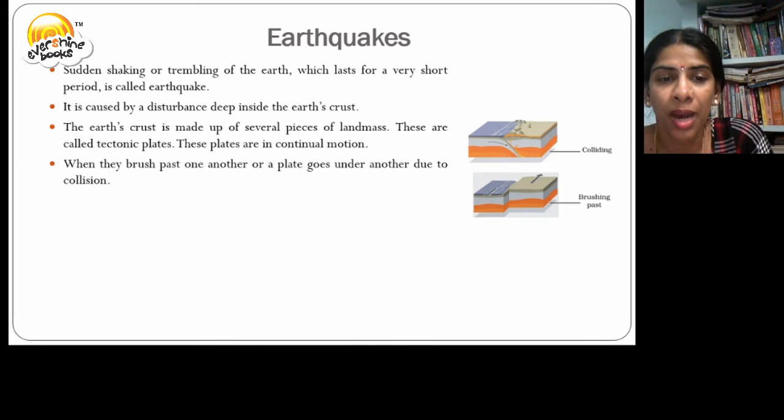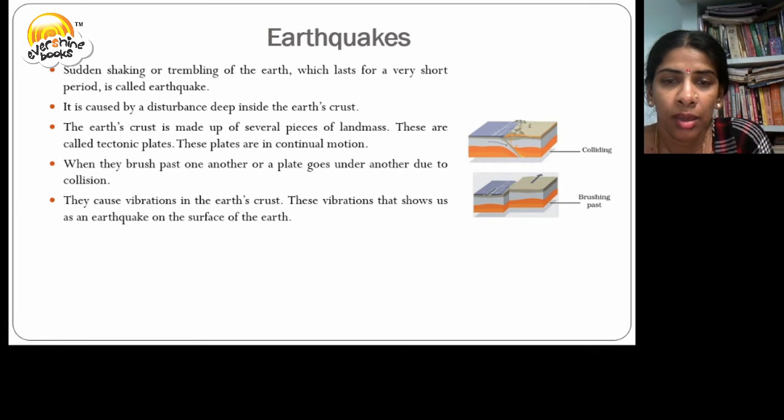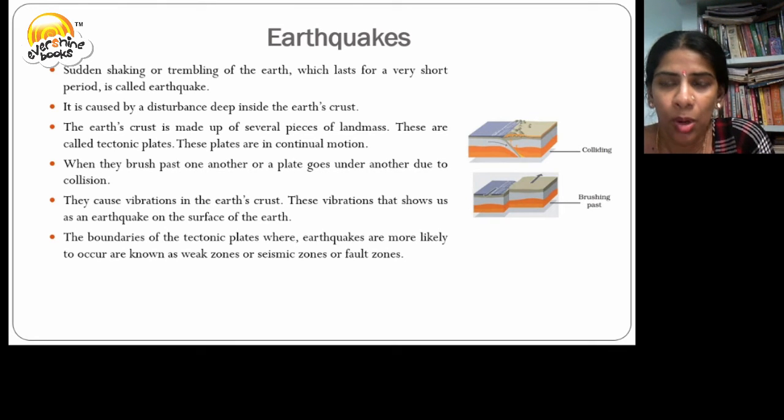When they brush past one another or a plate goes under another, they collide. When they collide, they cause a vibration in the earth's crust. These vibrations cause earthquakes on the surface of the earth. The boundaries of the tectonic plates where earthquakes are more likely to take place are known as weak zones, seismic zones, or fault zones.